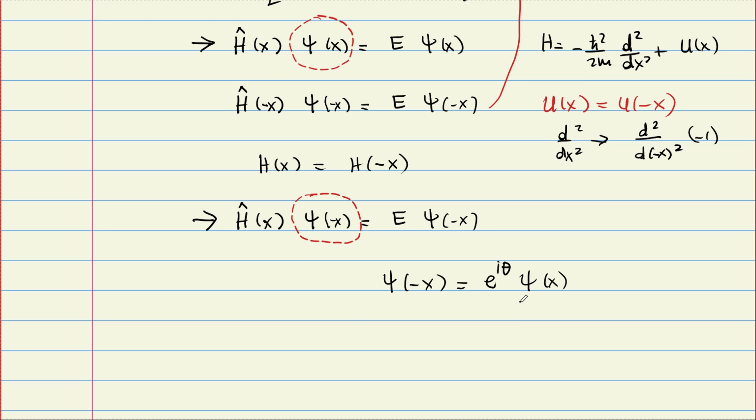Now you come to here and say, okay, if I do this one time, maybe I can do it one more time, right? Wherever I see psi of minus x, let me copy this and do it one more time. Whenever I see psi x, I will put minus psi x, but minus minus is going to be plus, and this will be minus. But I have an expression for minus here, right? I'll substitute this. There is e to the i theta, e to the i theta, and psi of x.